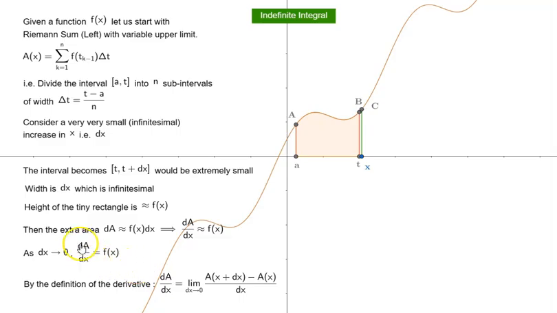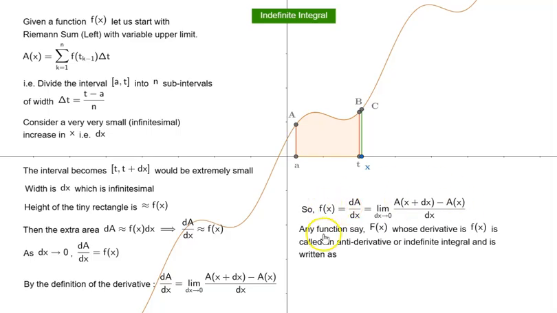So what do we have? We have dA by dx equal to f of x, and we have dA by dx equal to this. So we can say f of x equals dA by dx equals limit dx tends to 0 of A of x plus dx minus A of x, by dx.